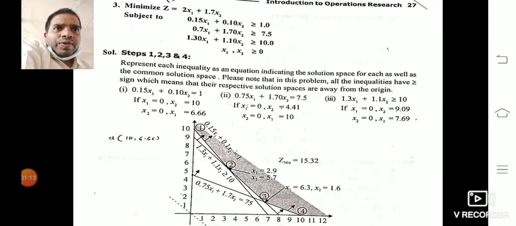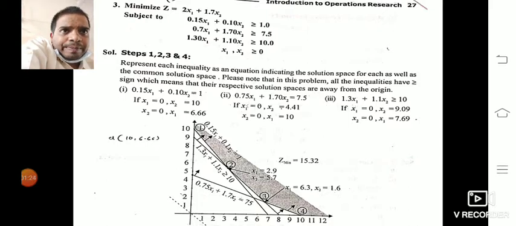Now take the first constraint: put x1 equals 0 and find x2, and put x2 equals 0 and find x1, for all three constraints. We need to find the x1 and x2 values.